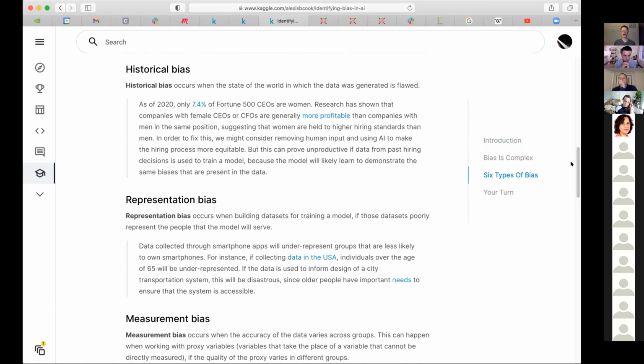Research has shown that companies with female CEOs or CFOs are generally more profitable than companies with men in the same position, suggesting that women are held to higher standards than men. In order to fix this, we might consider removing human input. This can prove unproductive if data from past hiring decisions is used to train the model.